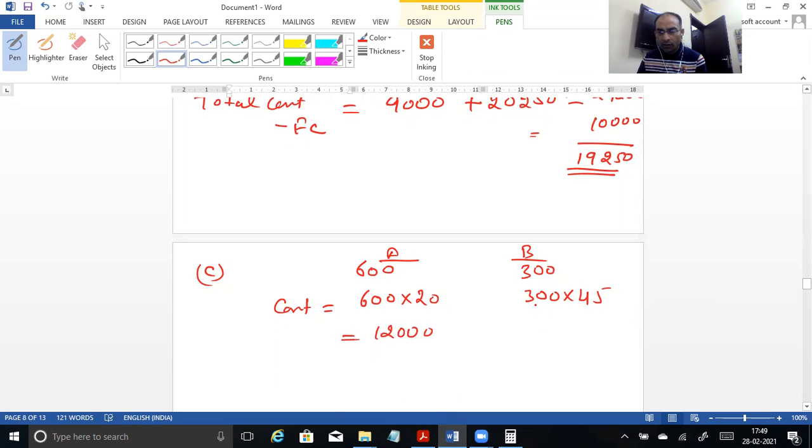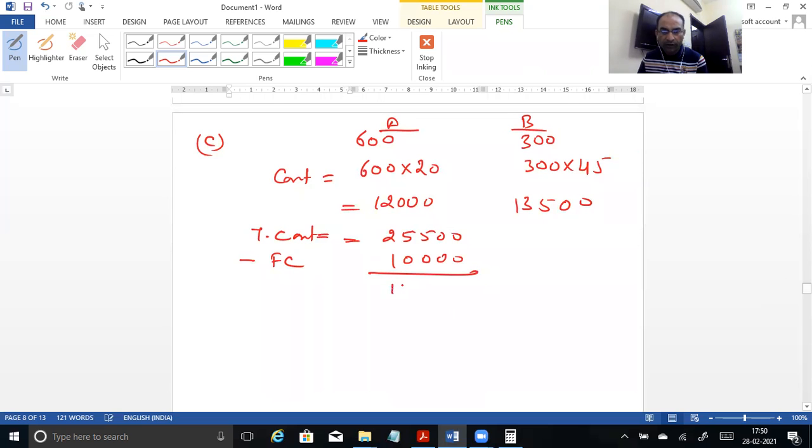Here it will be 3 5s are 15, 3 4s are 12, and 1, 13,500. So total contribution is 25,500. From this, if we minus our fixed cost, that is 10,000, the profit we are going to make here is 15,500 only.